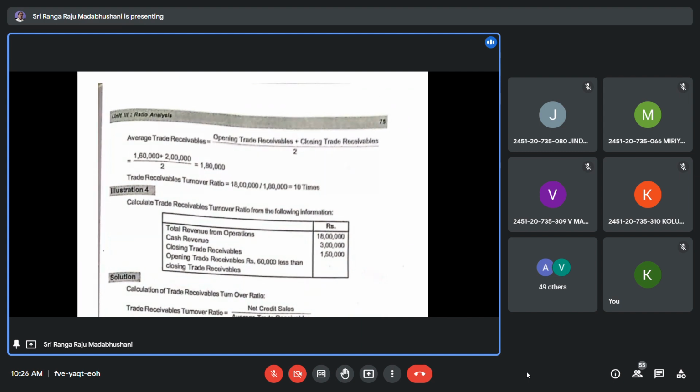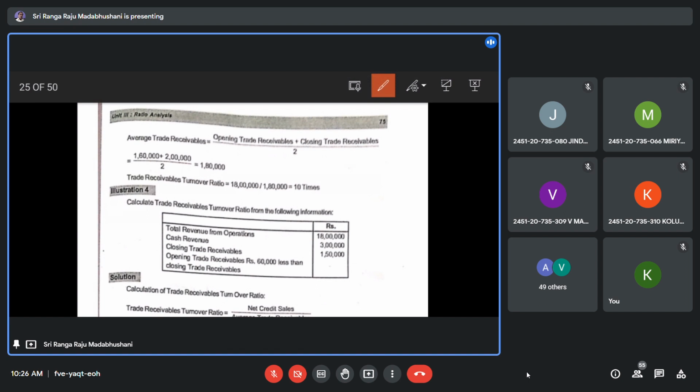Trade receivable ratio is 18 lakhs by 1 lakh 80,000, 10 times. It is good. So in that question, either he has to give the closing or opening, and the difference is 80%. We are going to find that out. So the 80% of the closing is opening, so the closing is 2 lakhs.